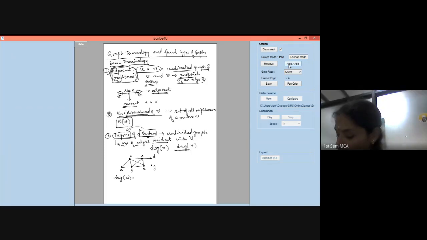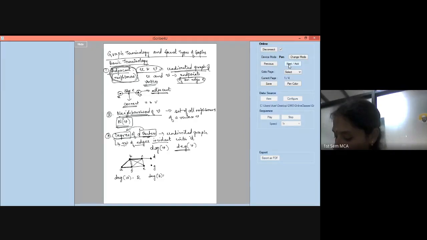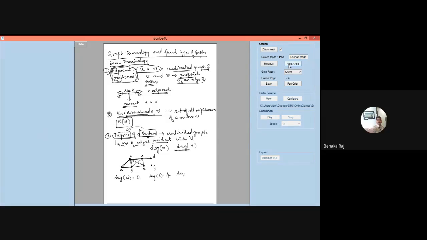Yes, degree of A is 2, because there are two incident edges: A to F is one edge, A to B is another. What is the degree of B? 4. BC is one edge, BF is one edge, BE is another edge, BA is one edge. So degree of B is 4. What is the degree of D? 1. Degree of D is 1.